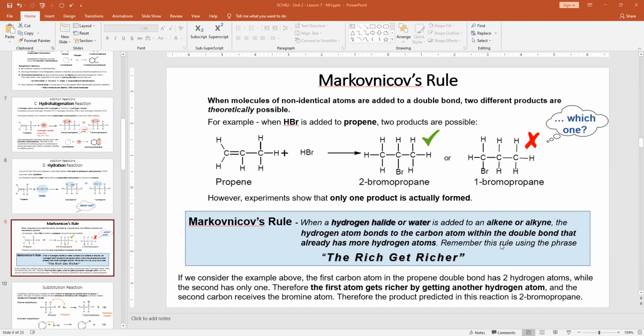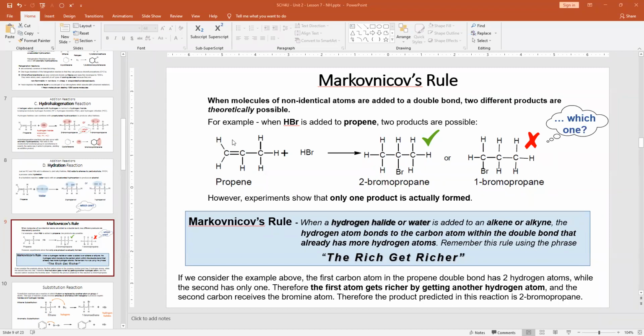What do we mean by that? If we look at these 2 carbons involved in the double bond, which one has the most hydrogens? This one has 2, this one has 1. So the hydrogen atom goes to the carbon that already has more hydrogen atoms. In this case, it would go to this one, because it has 2 and this only has 1.